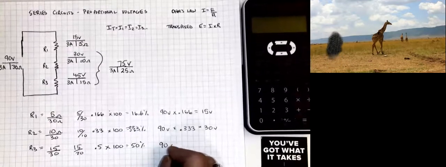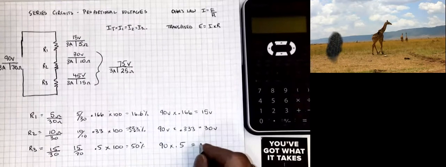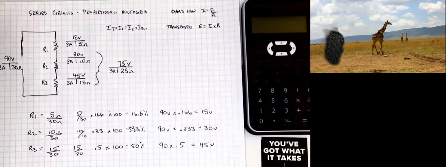So 90 times 0.5 equals 45 volts across R3. So it's just a different way of looking at the series circuit and calculating them out.